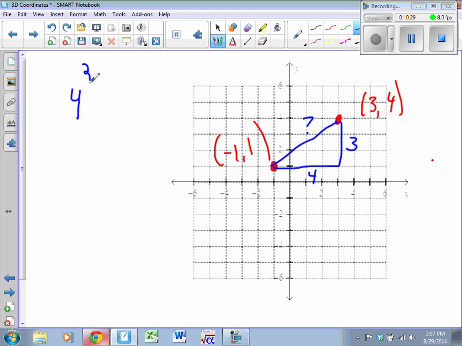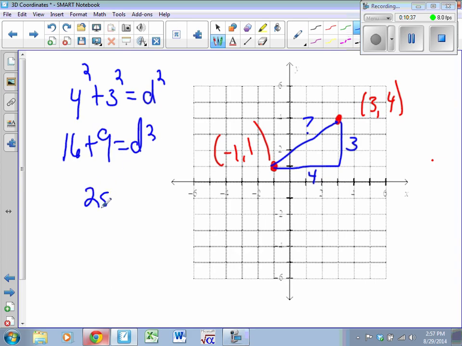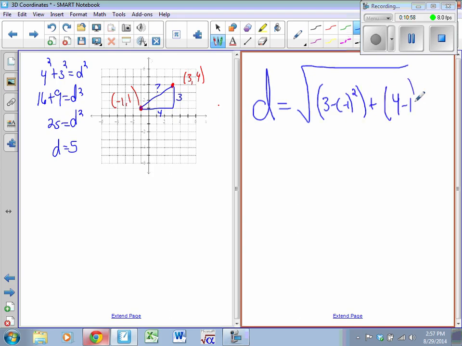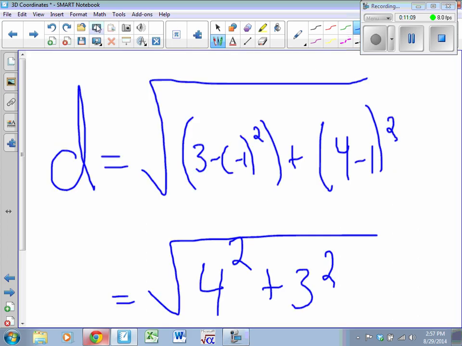Well, 4 squared plus 3 squared equals our distance squared. We can figure this out using the Pythagorean theorem without really using the distance formula. Now, we could do the distance formula and say the distance is equal to the square root of 3 minus negative 1 squared plus 4 minus 1 squared, which is the square root of 4 squared plus 3 squared, and you get the same answer. But that's a little more work, and you have to remember the formula.